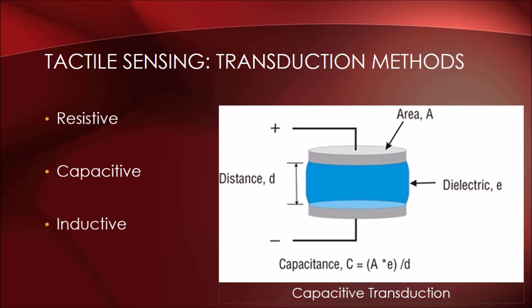For inductive tactile sensors, the working principle is similar to LVDT. When touch is sensed, modulation of phase and amplitude of induced voltage occurs, which displaces the movable core, thereby causing flux linkage from the primary coil to the secondary coil.